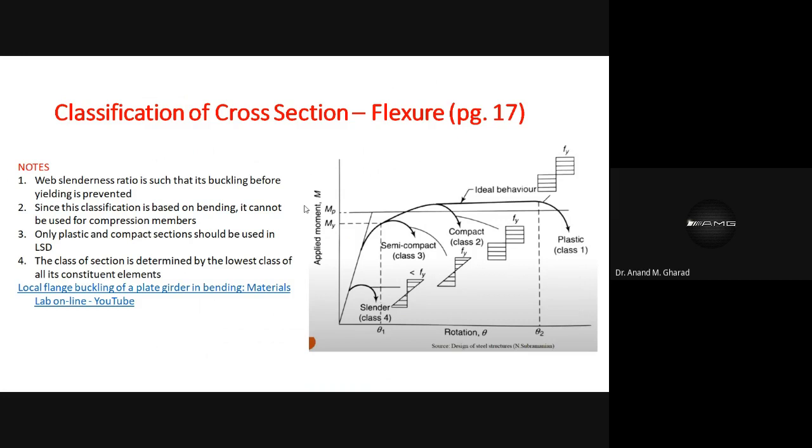For beams or horizontal members, or the members that are subjected to flexure, bending, for such types of situations, one term is defined in your IS 800-2007. What is it known as? It is known as classification of cross section.